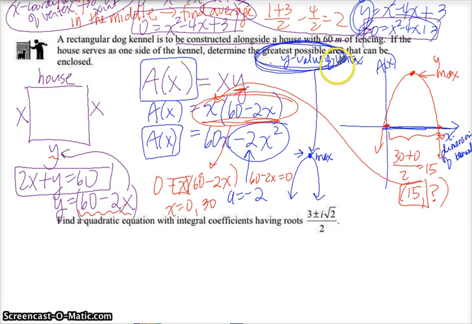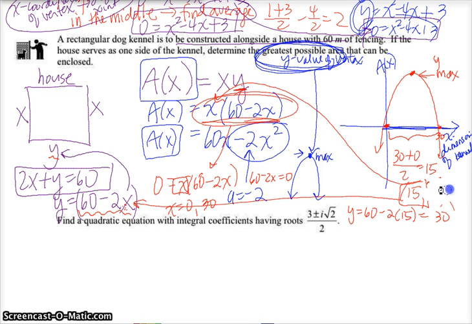So if I want to maximize my area, I take my x-coordinate and I plug it in here. It says determine the greatest possible area. So I have to find my y-coordinate. So that's over here. My fault. So y equals 60 minus 2 times 15, so that equals 30. Okay, so now I have my dimensions, but notice this is not the y-coordinate of the vertex, so this is actually misrepresented here.